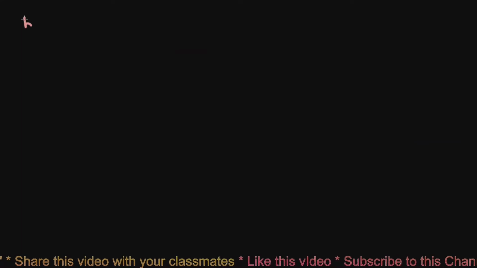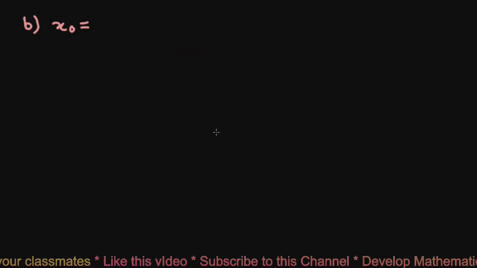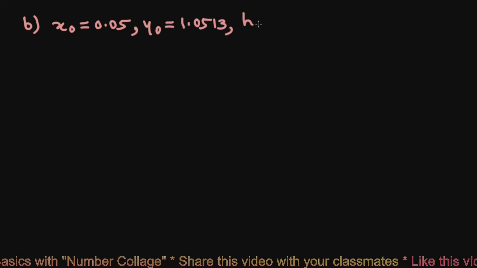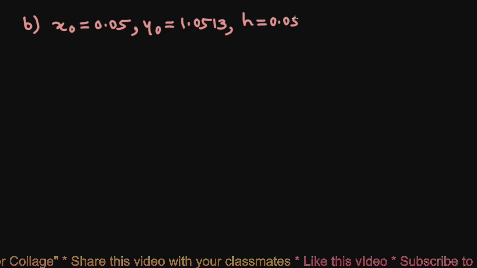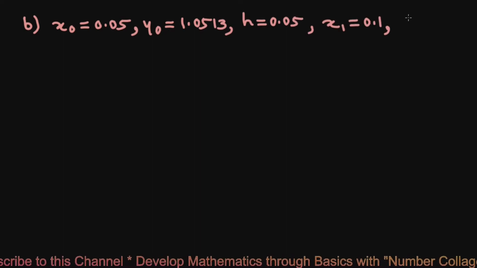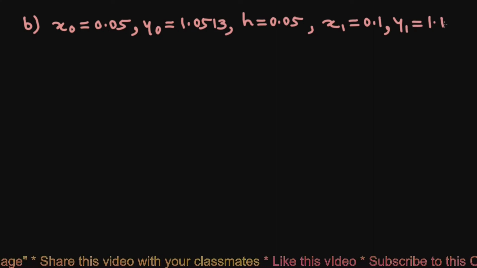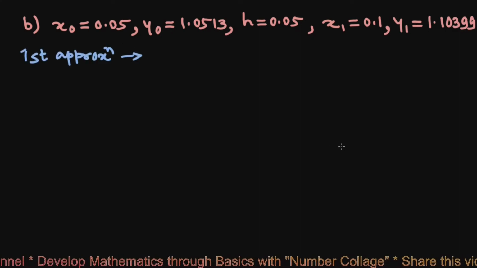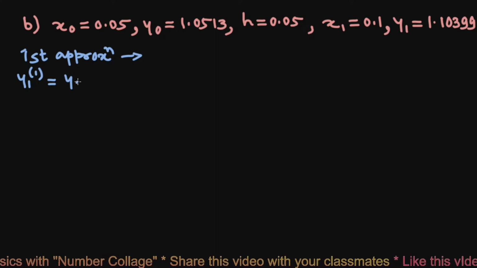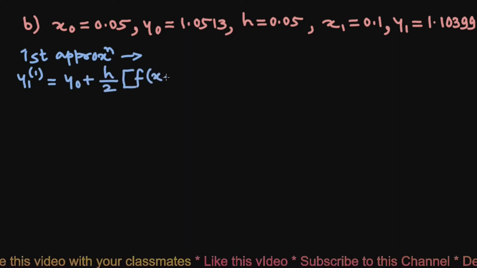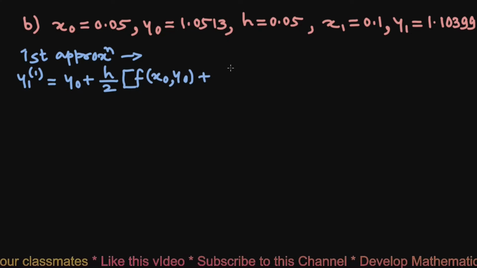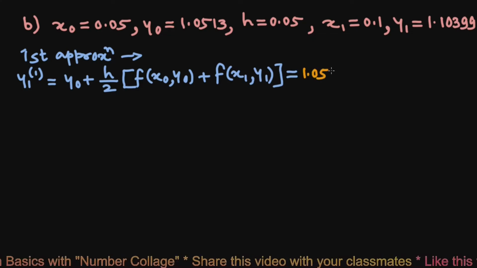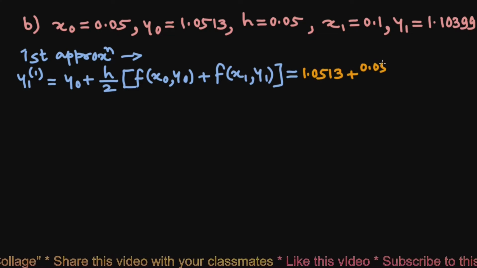Now in the second part B, we have x0 equals 0.05, y0 equals 1.0513, h equals 0.05, x1 equals 0.1, and y1 equals 1.10399. Now for the first approximation, we write y1 of 1 equals y0 plus h upon 2 f of x0 comma y0 plus f of x1 comma y1, that will be 1.0513 plus 0.05 upon 2.